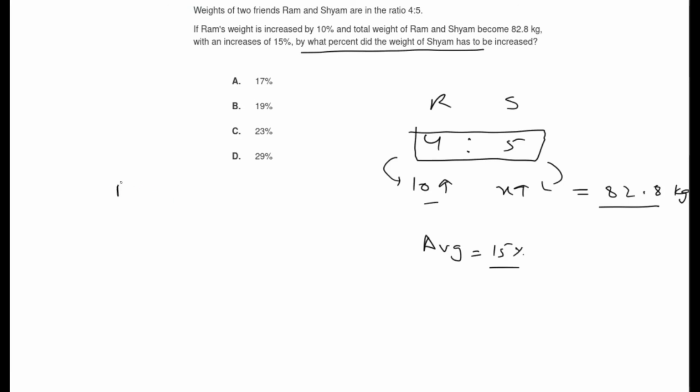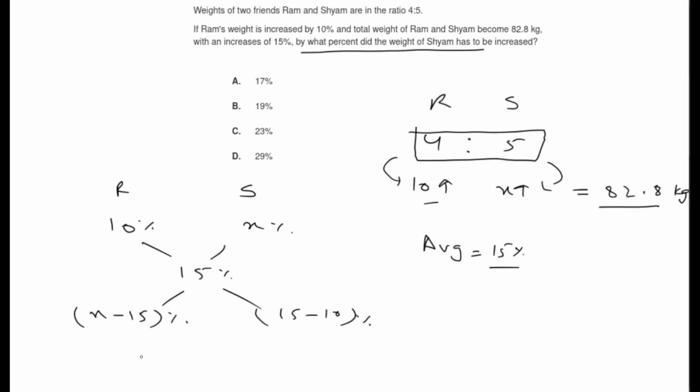Just write this as maximum. We are given this 10%. Here is x%. The average is 15%. Here will be x minus 15 percent, and here will be 15 minus 10 percent.